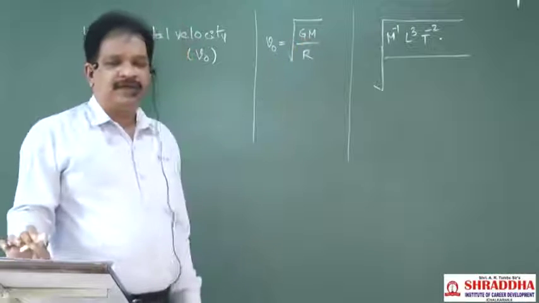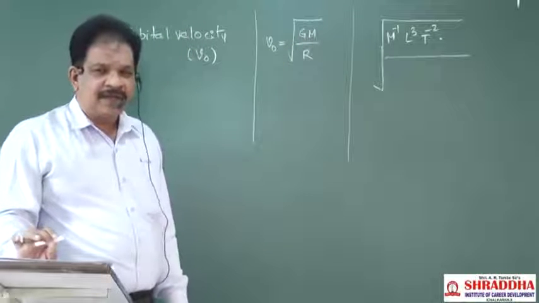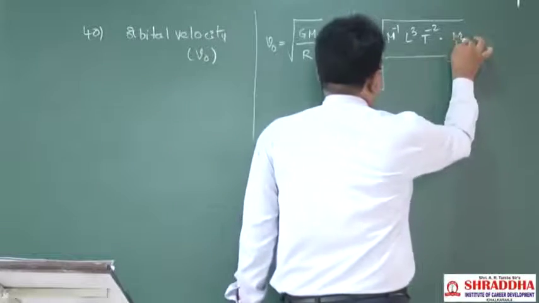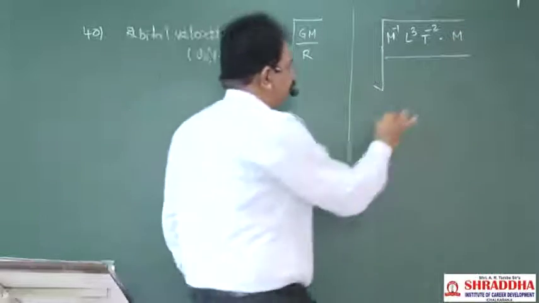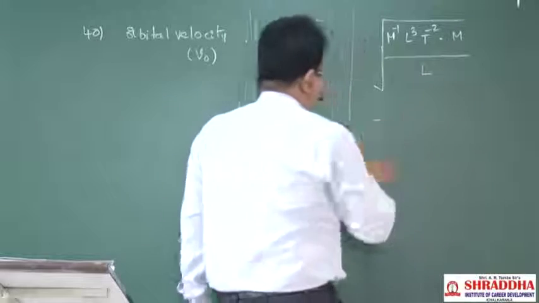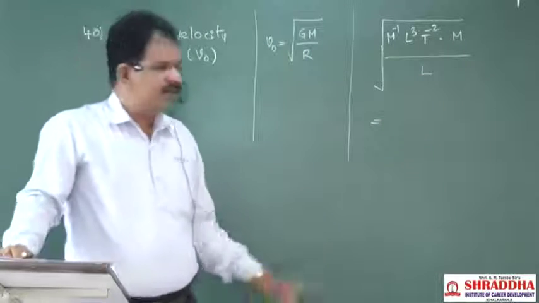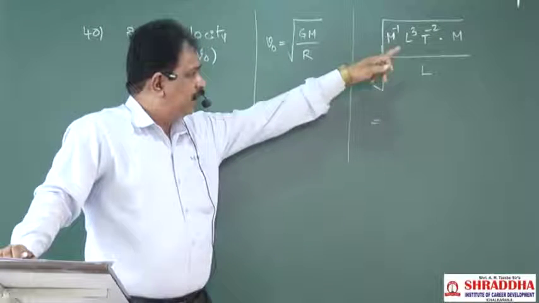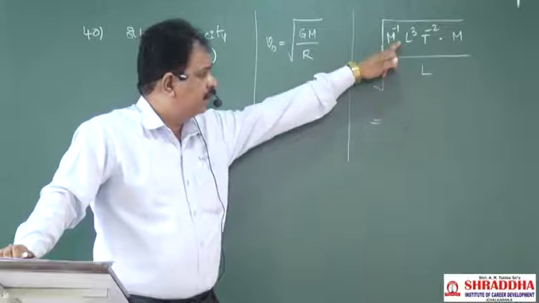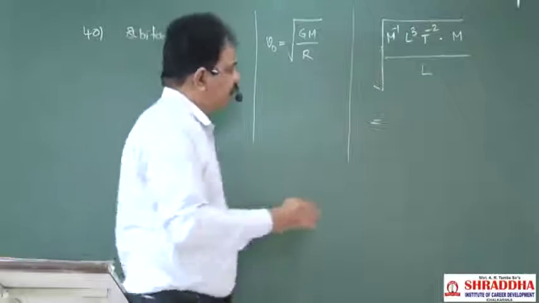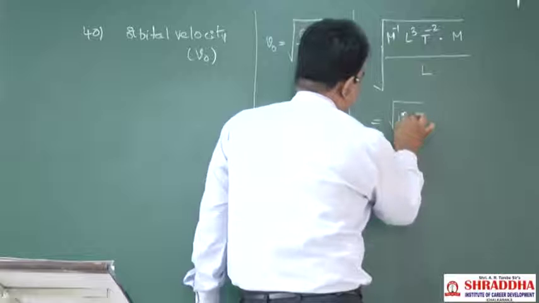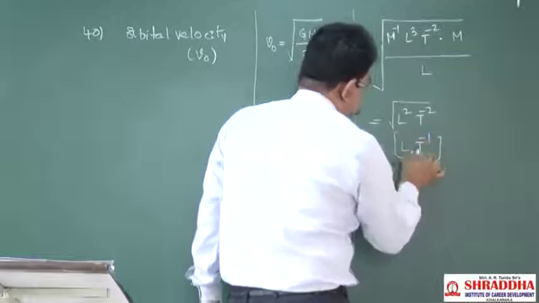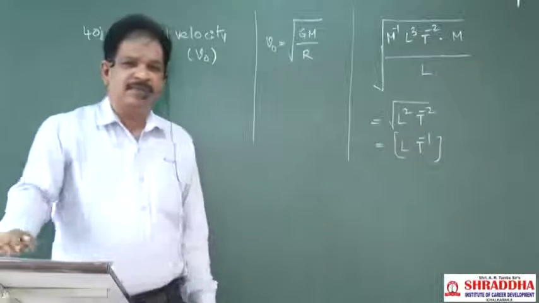Here M is the mass of the Earth, r is the radius of the Earth. Mass dimensional formula will be M. Radius is a form of length, so radius dimensional formula will be L. M power minus 1 will cancel, L cube by L means L square, so we get L square T power minus 2, whose root is L T power minus 1.